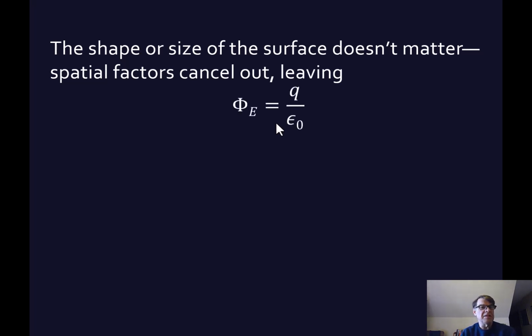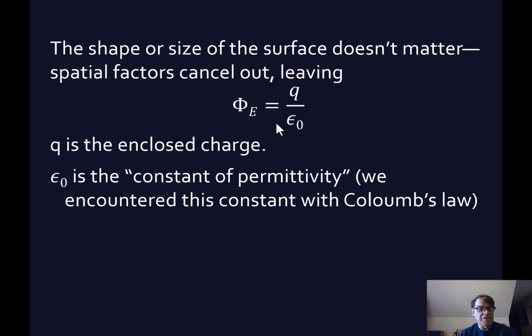And so what it basically leaves us with is that the total electric flux coming in, going out of a surface is equal to the enclosed charge divided by this constant. Q is the enclosed charge, and the epsilon zero is sometimes called the constant of permittivity of free space, or something like that.